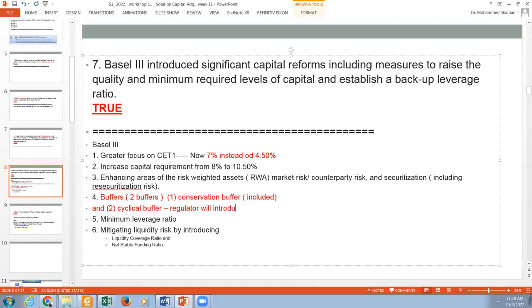They introduce it when there is a need or a cycle, like a recession.